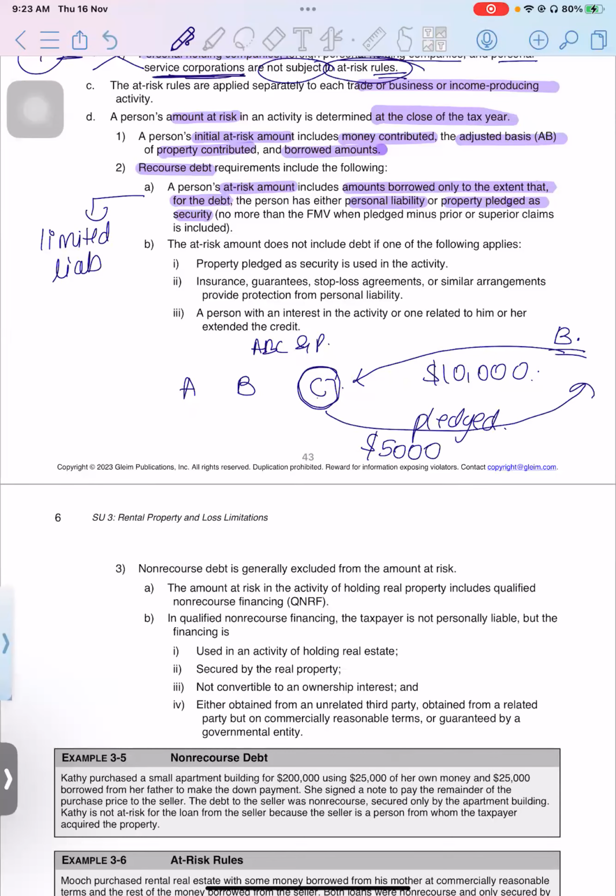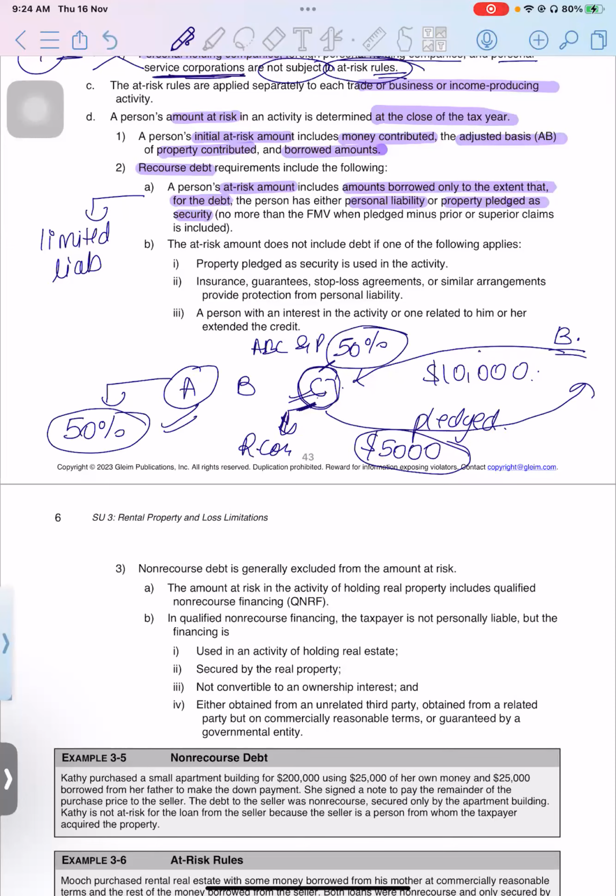So can I say Mr. C will have a recourse liability of 5,000? He has unlimited liability, but only up to the amount that he has given as a pledge, or a pre-decided percentage. Let's say out of this 10,000, he will be liable for only 50%, and 50% will be the liability of Mr. A. So for both of them, this is a recourse liability.